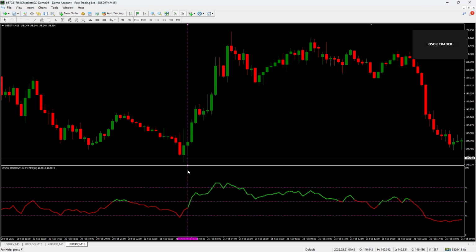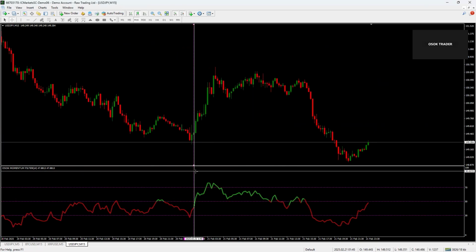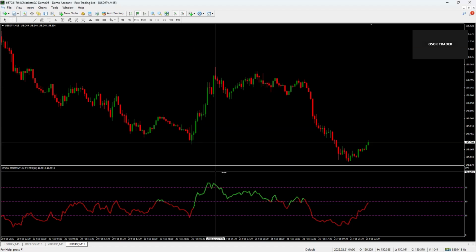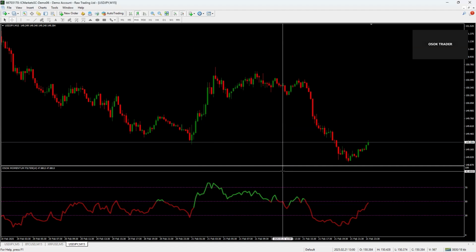I can't really pull this thing properly there, but I want to. I'll delete this one because it doesn't want to cooperate. So as you see this, price crosses above and it makes a buy, right? Price crosses below that, it's going to sell, as you see, right?